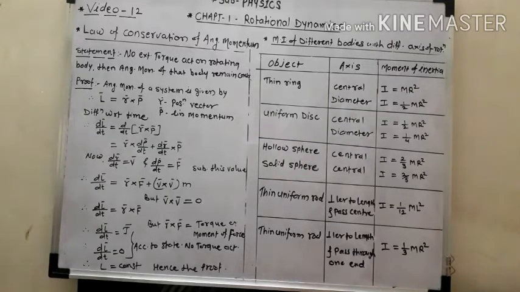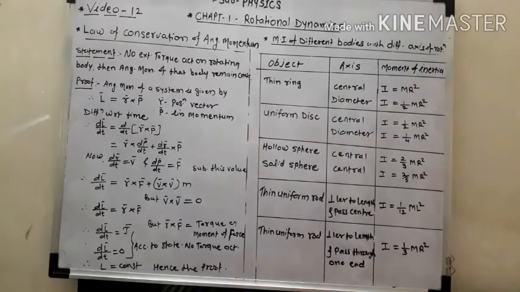Again, if no external torque acts on the rotating body, then the angular momentum of that body remains constant. That means if torque does not act on that rotating body, then the angular momentum of that body should be conserved. It should remain constant. This is the law of conservation of angular momentum.